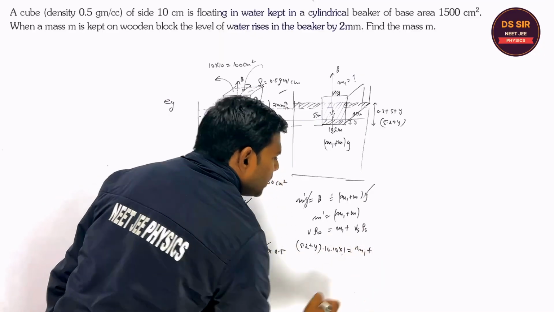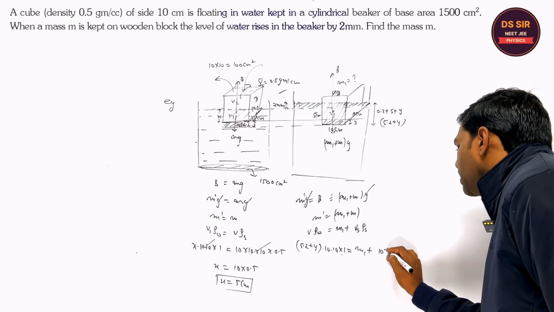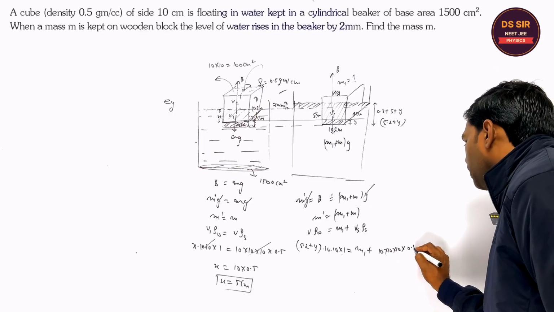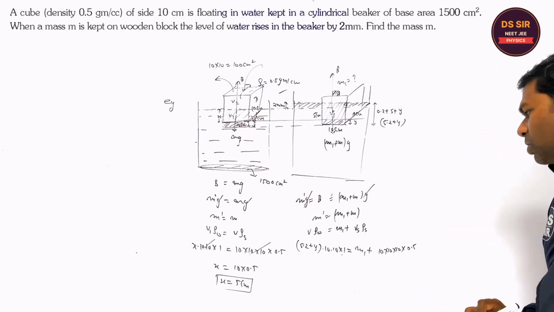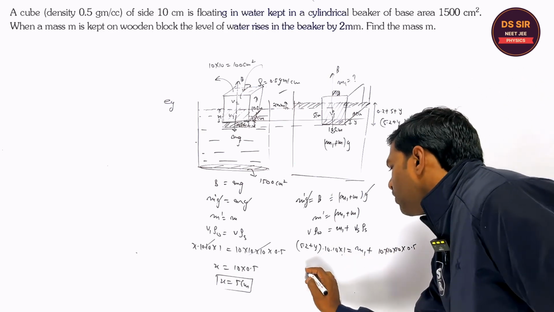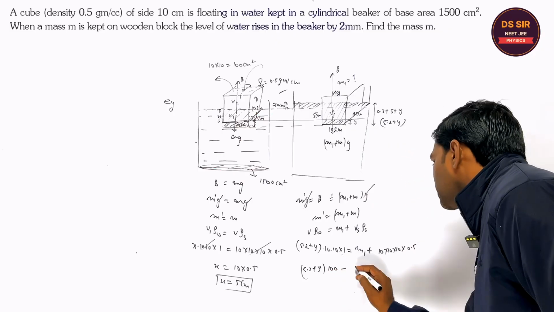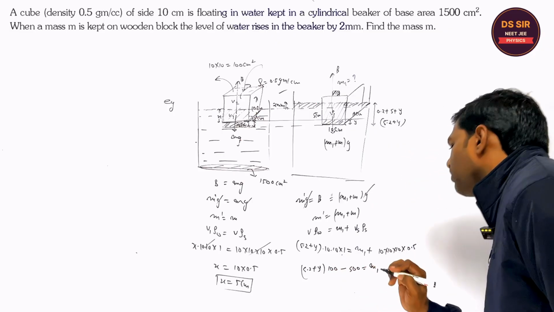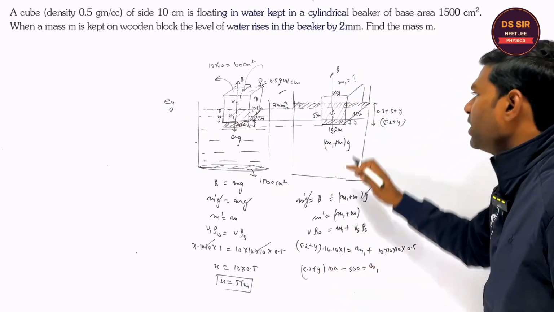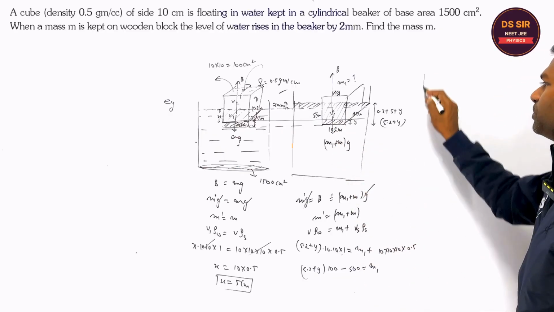This is m1 plus the volume of this solid, which is 10 into 10 into 10, and the density of the solid is 0.5. Is it clear or not? You tell. So if you simplify this, 5.2 plus y into 100 minus 500 is equal to m1. So this m1 we have to find. If we are able to find the displacement y, then we can find the m1 value.